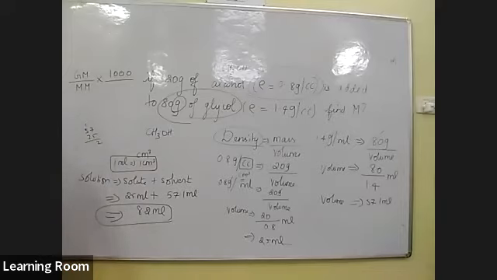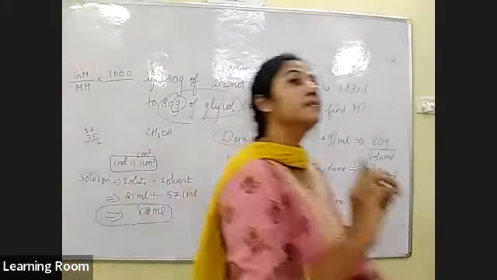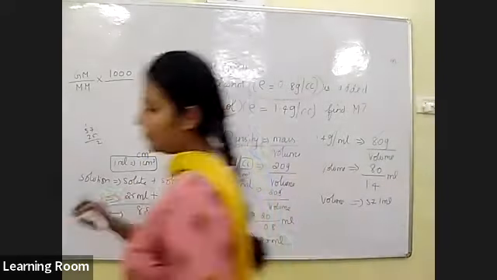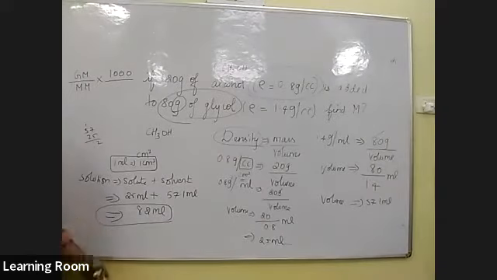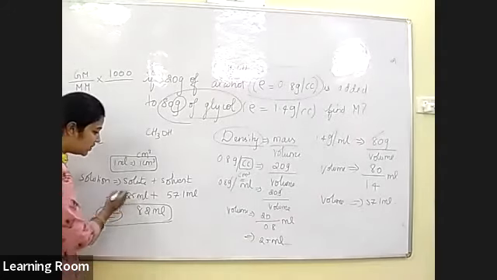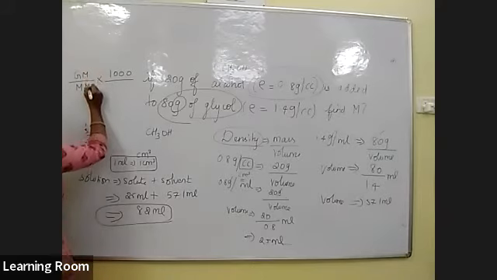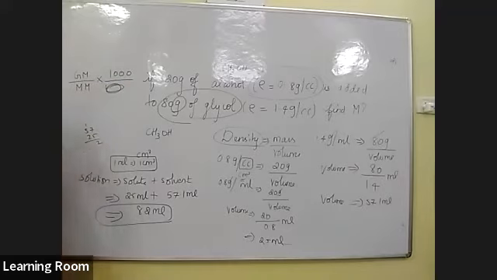Why are we finding the volume? Because we need the number of moles of solute, and in this formula, given mass of the solute by molar mass is divided by the total volume of solution.